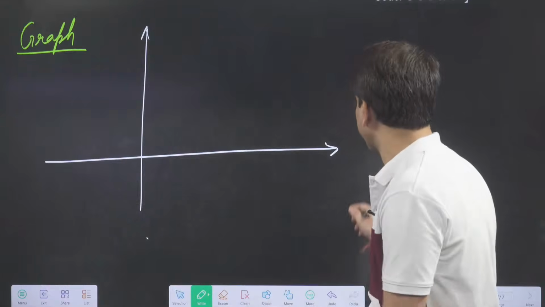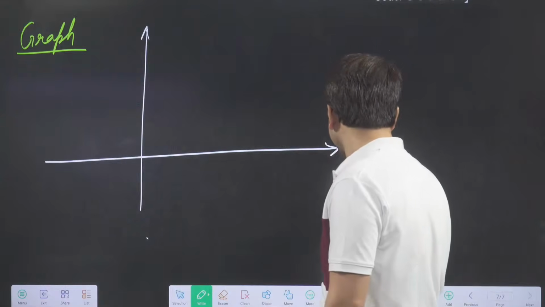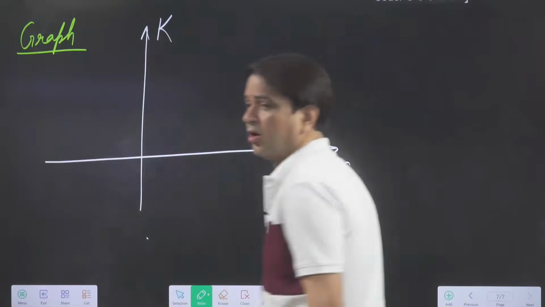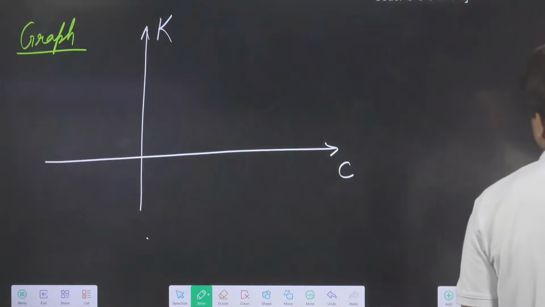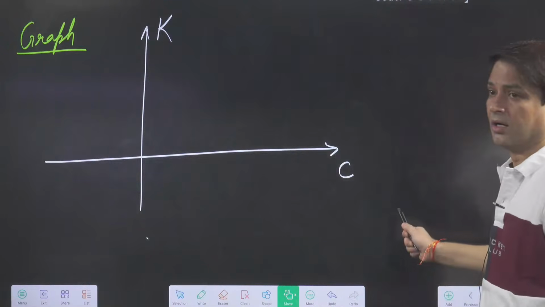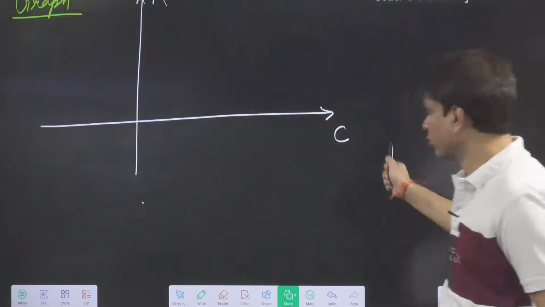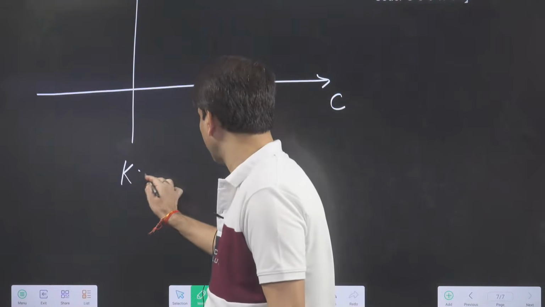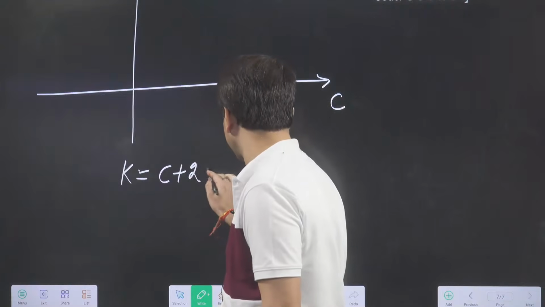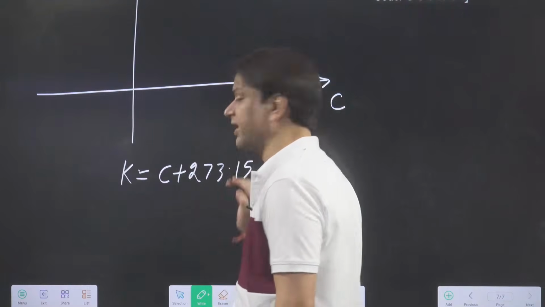So suppose here I am giving Celsius and here I am giving Kelvin. What is the graph between the Celsius and Kelvin scale? First we will write the relation between Celsius and Kelvin. So K is equal to C plus 273.15. This is the relation.